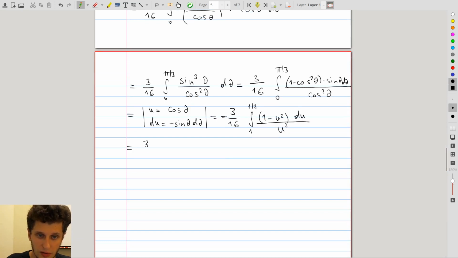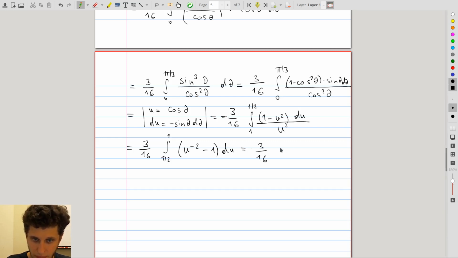Now this is a straightforward integral to evaluate. So I have 3/16, from 1/2 to 1, integral of u to the minus 2 minus 1 du. So that's perfect. This is simply 3/16. Here I have to write u to the minus 1 divided by minus 1, minus u, and this must be evaluated from 1/2 to 1.